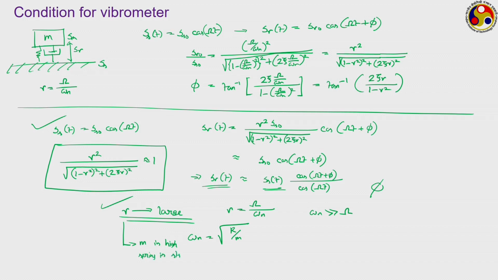So, the condition for a vibrometer is the mass has to be very large and the stiffness has to be quite low, that is the value of k has to be quite low, or I should not say the spring is stiff, I should say k should be small, that is the spring has low stiffness.